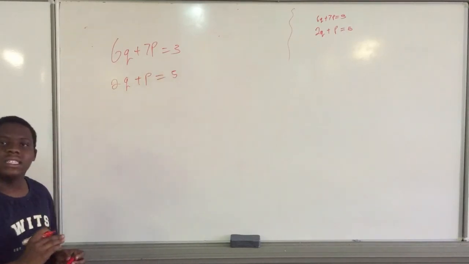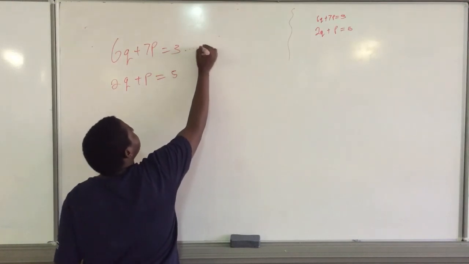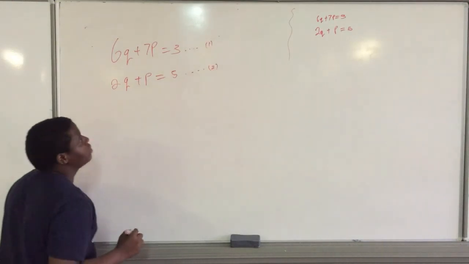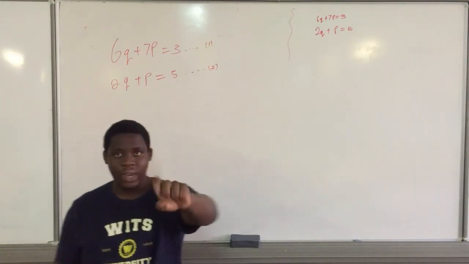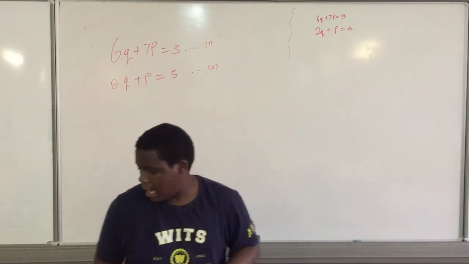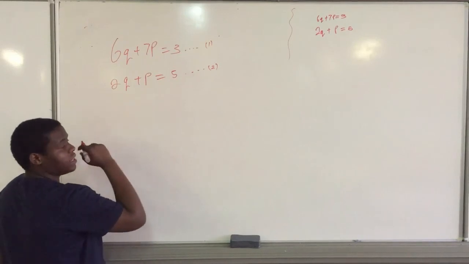So, in a simultaneous equation, one of the best ways to solve it is to first name them. This is equation 1. This is equation 2. Now, how do we solve a simultaneous equation? There are 2 ways. There's elimination and substitution. But we're going to use substitution because it's faster for me. Personally, I believe that it's faster.